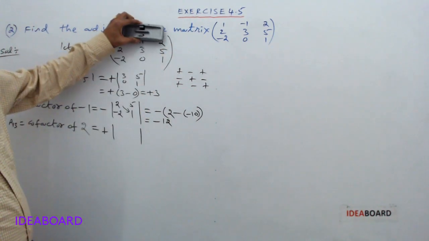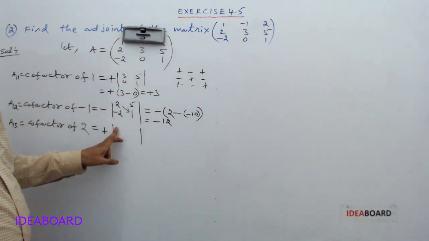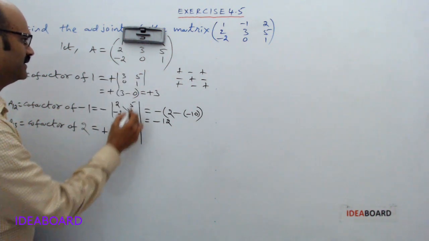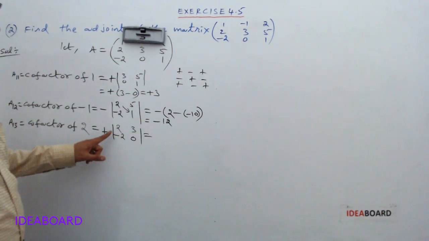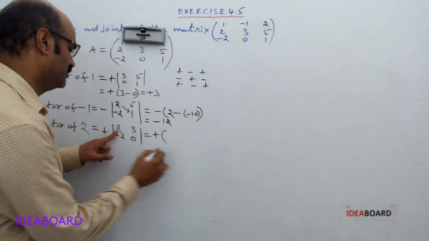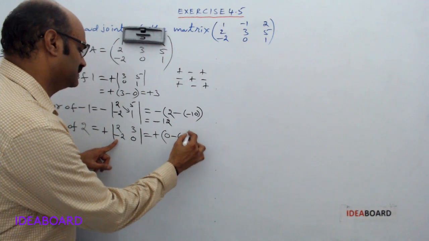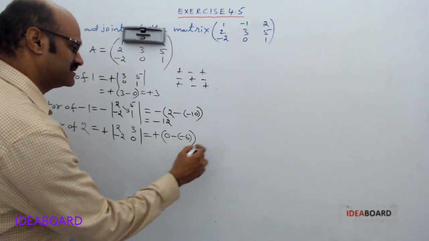So close the first row and third column. The remaining elements we take in a determinant: 2, 3, minus 2, 0, equal to plus of 2 into 0, minus of minus 6, equal to plus 6.